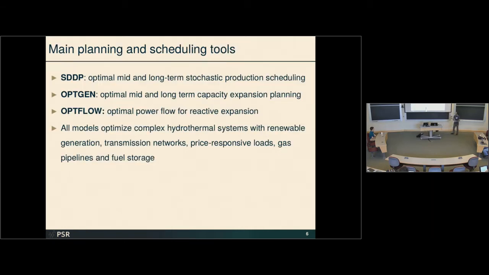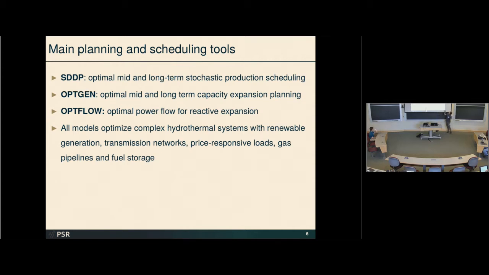So our main planning tools are those three I was going to talk about today. The main one is SDDP, that is for optimal operation of reservoirs. That's really important on hydrothermal power systems. Power systems expansion with something we call OptGen, and OptFlow for optimal power flow.